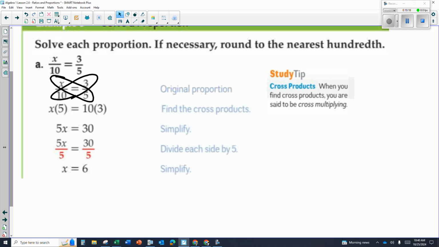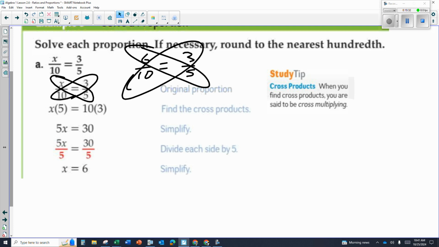Well, 5x equals 30. Divide both sides by 5, x equals 6, and check it in the original problem. 6 divided by 10, does it equal 3 divided by 5? Well, 6 times 5 is 30, 10 times 3 is 30, so x equals 6 is correct.